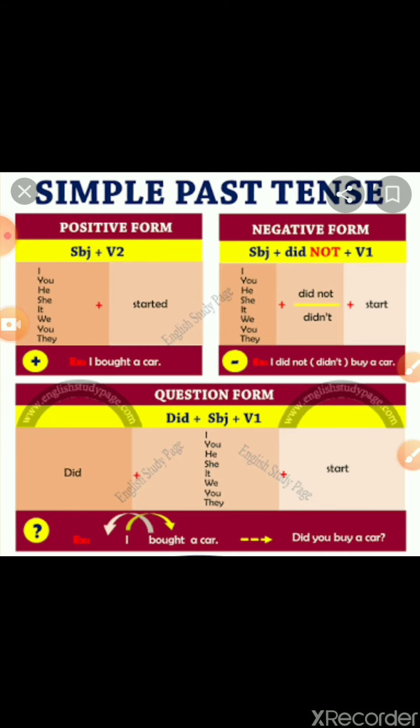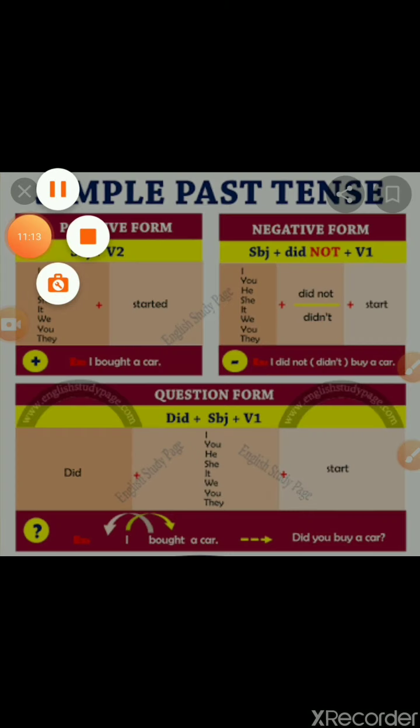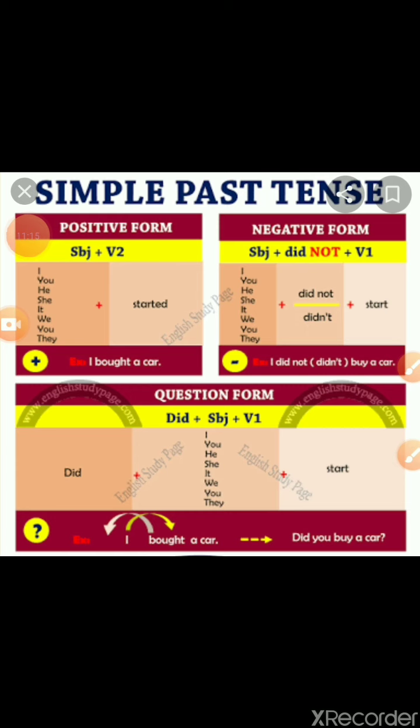Now I am going to move to the next portion. Hopefully the simple past tense is very clear to my students. The structure is obvious, and I'll give you more examples.